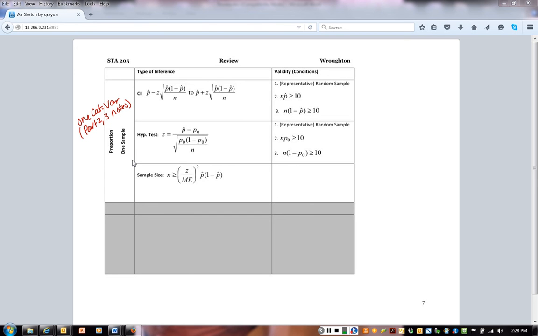More specifically, the hypothesis testing came from part 2, and the confidence intervals came from the part 3 notes to go along with that. The sample size also came from the part 3 notes, to tie each one together there. So those were covered in weeks 5 and 6.